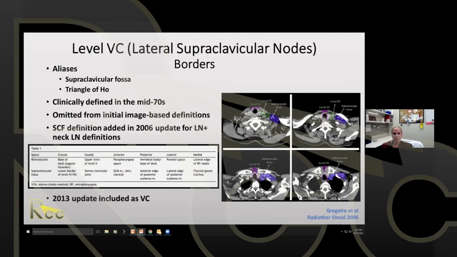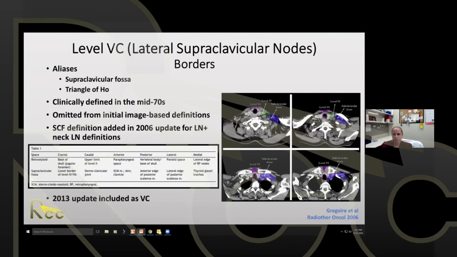At that time, it was just referred to as the supraclavicular fossa, so it wasn't necessarily given a numerical designation like it is today. In 2013, this evolved and is now included as level 5C with the definition that we just referred to on the prior slide.